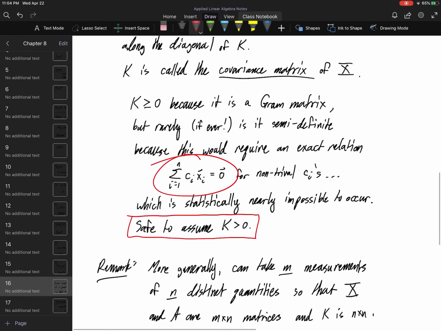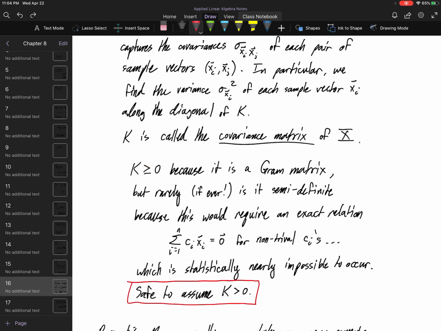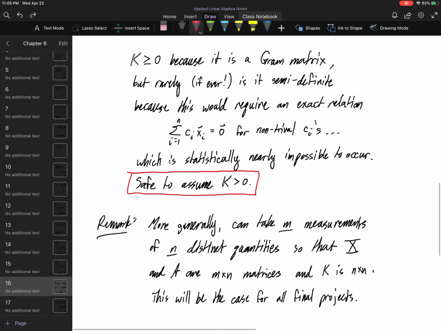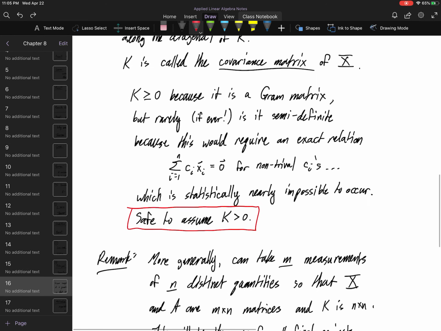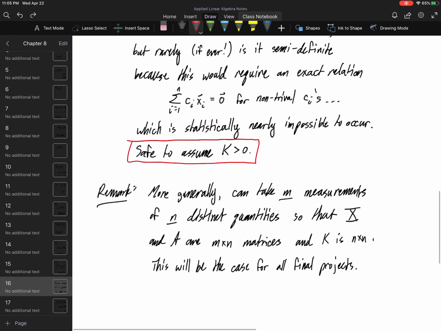Being semi-definite would require that you satisfy a linear dependence condition, and that's guaranteed to almost never happen. The probability that one of your experiments is a combination of the others is measure zero. There is probability 0 of that happening. So it is safe to assume in a generic setting that your Gram matrix, this covariance matrix, is actually positive definite.